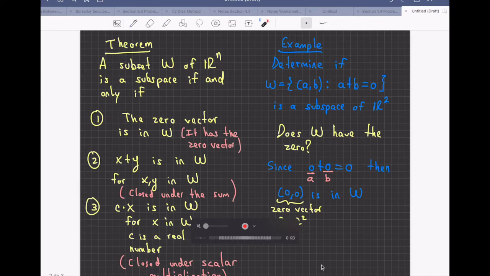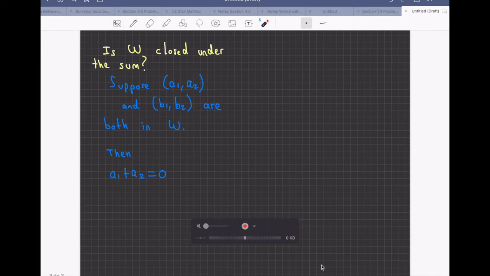Because A1, A2 is in W. That is the property that defines W. And the same for B1, B2: B1 plus B2 is equal to 0. Now, from these two equations, add the two equations. This implies A1 plus A2 plus B1 plus B2 equals 0 plus 0, which is 0.